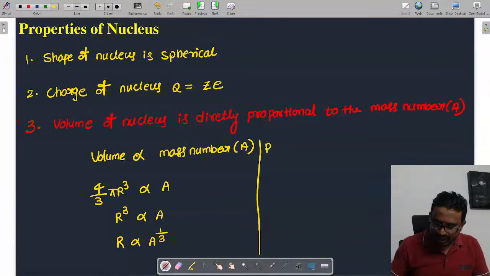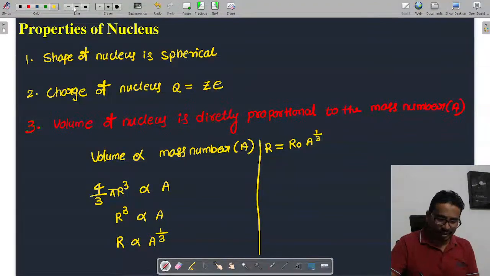So where this r can be written as r naught into A power 1 by 3. R is equal to r naught into A power 1 by 3. So where this r naught is equal to what?